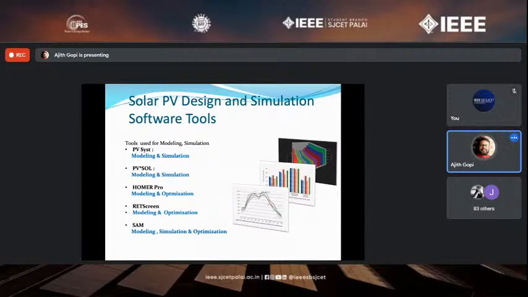All these are very interesting softwares. You can download trial versions of PVSYST, PVSol, Homer Pro, RETScreen. SAM is free actually. SAM is a software from the National Renewable Energy Laboratory, USA. It's freely available, you can download it and play around with it. You can even simulate a solar power plant for your rooftop.